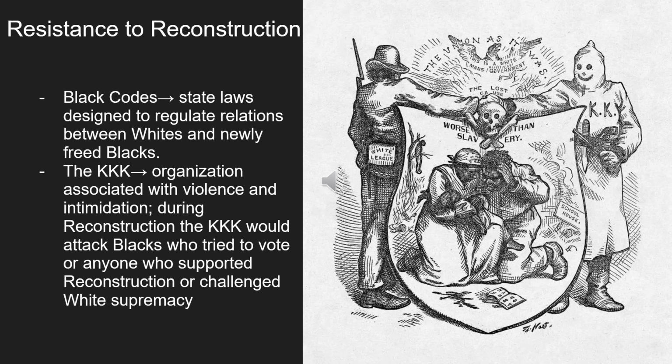And out of Black Codes, we do see certain organizations formed, specifically the KKK, terrorist organizations that use violence, that use intimidation methods to keep Black people from exercising rights that they have gained through Reconstruction.